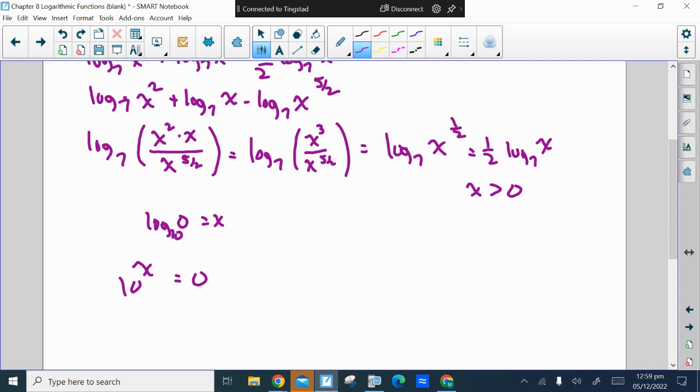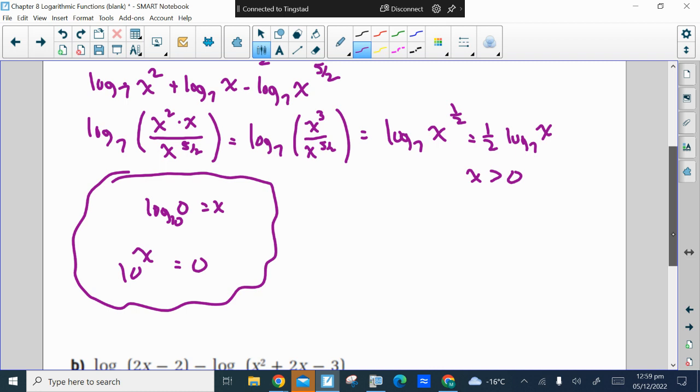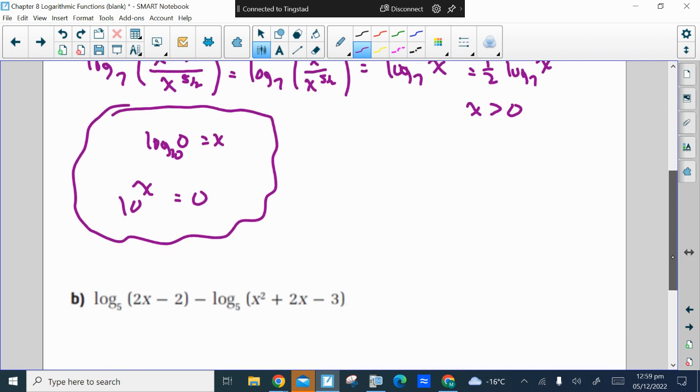As x gets smaller and smaller, 10 to the x will get smaller, but it'll always be positive. It'll always be greater than 0. So this just shows why you cannot take the log of 0, nor can you take the log of a negative number. So when we're talking about restrictions, that's what we're looking for.